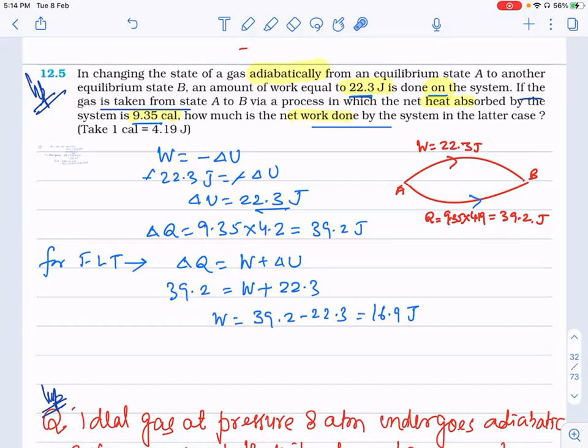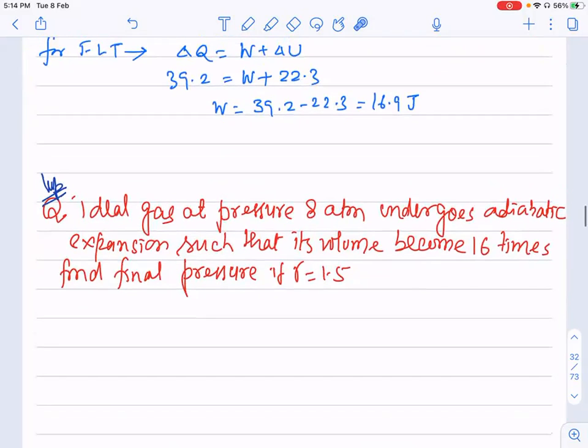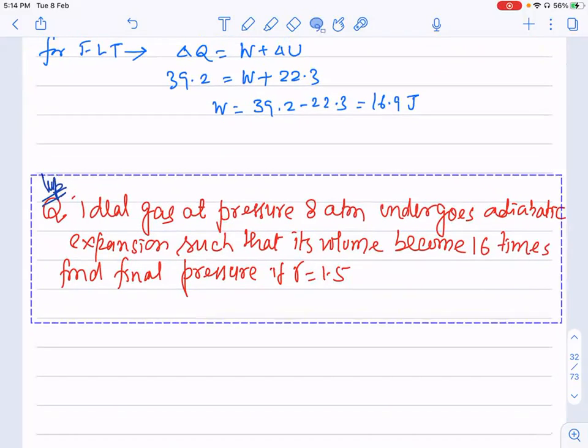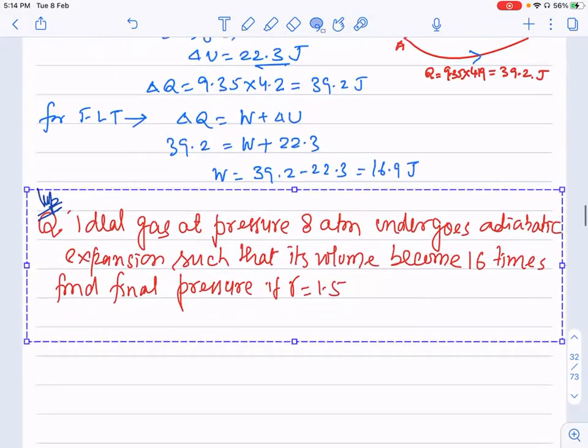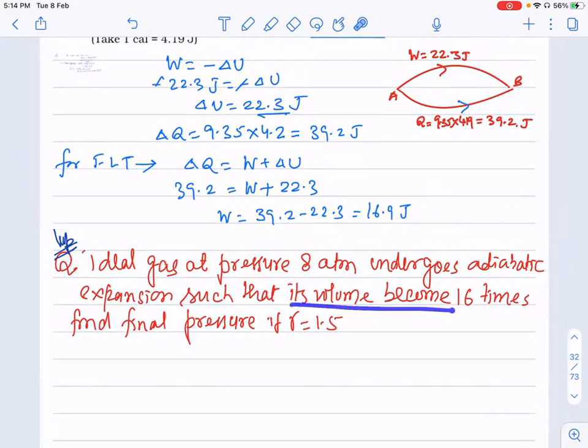Let's see what that is. See, an ideal gas at pressure 8 atmosphere undergoes adiabatic expansion such that its volume becomes 16 times. Find the final pressure if gamma is equal to 1.5.